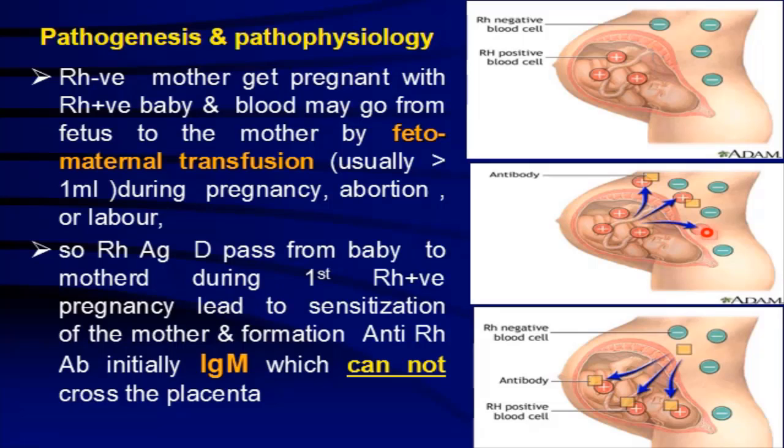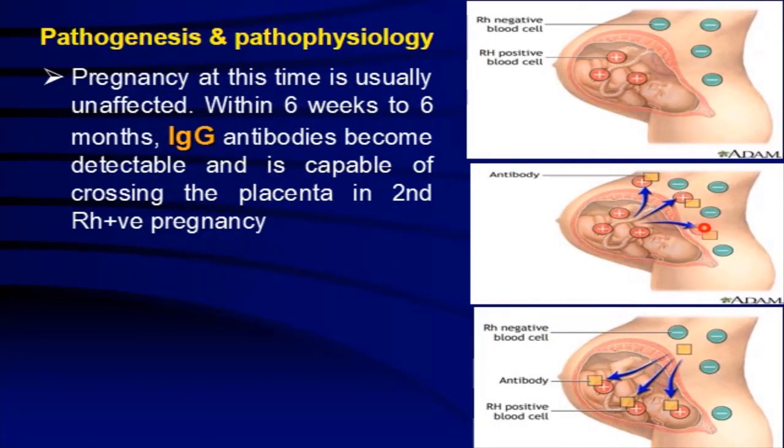This antibody, at the beginning, is of IgM type that cannot cross the placental barrier. Pregnancy at this time is usually unaffected, but within 6 weeks to 6 months, there will be formation of IgG antibody that becomes detectable, and this IgG antibody can cross the placenta in the second pregnancy.